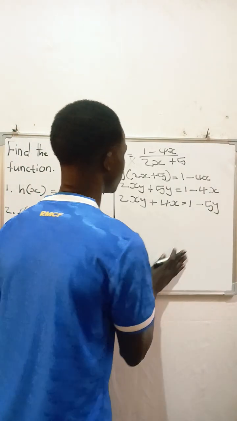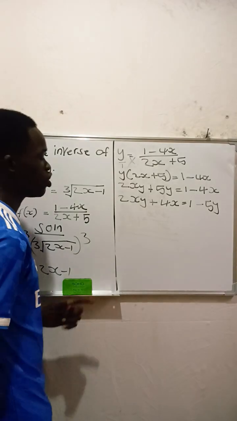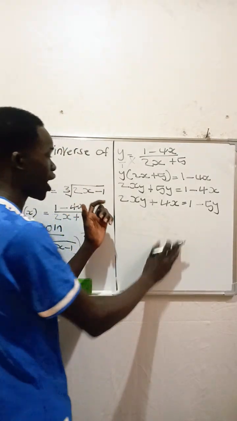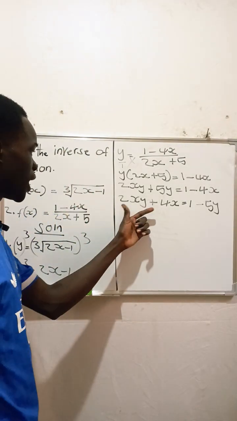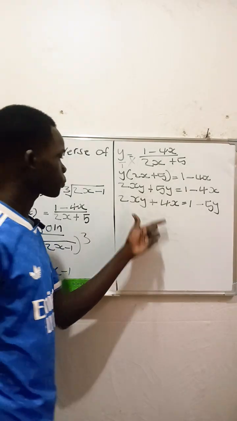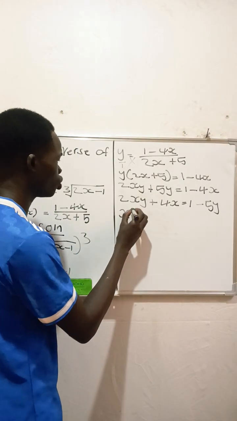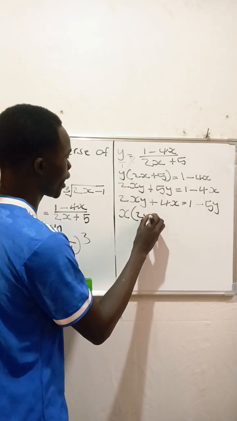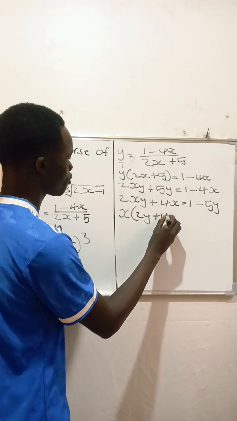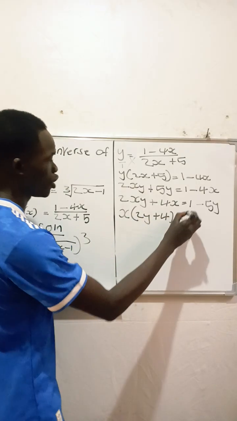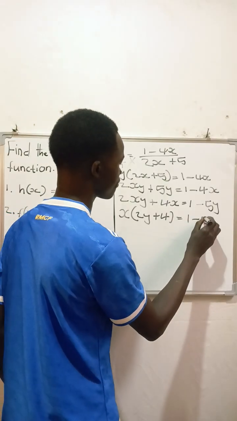Now on the left hand side of the equation we are going to factor out x. We are going to have x into 2y plus 4 equal to 1 minus 5y.